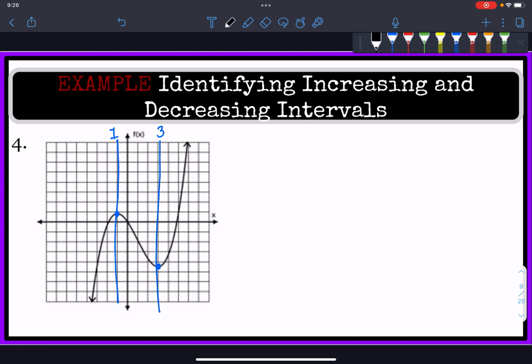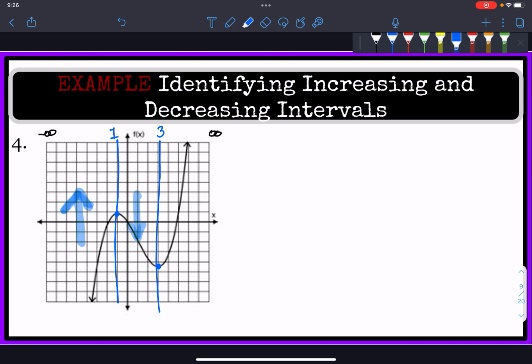So from negative infinity to positive infinity, we can break our interval into 1, 2, and 3 sections. Just like the previous example, from left to right, the graph starts off by increasing. It reaches this critical point, this extrema here, and changes direction and then decreases.